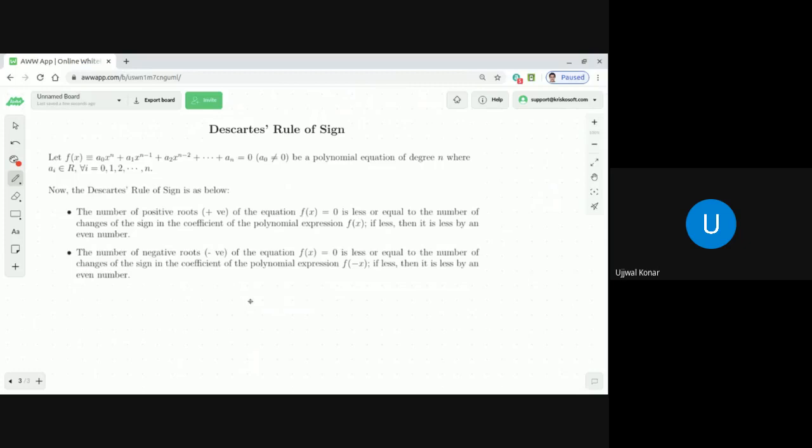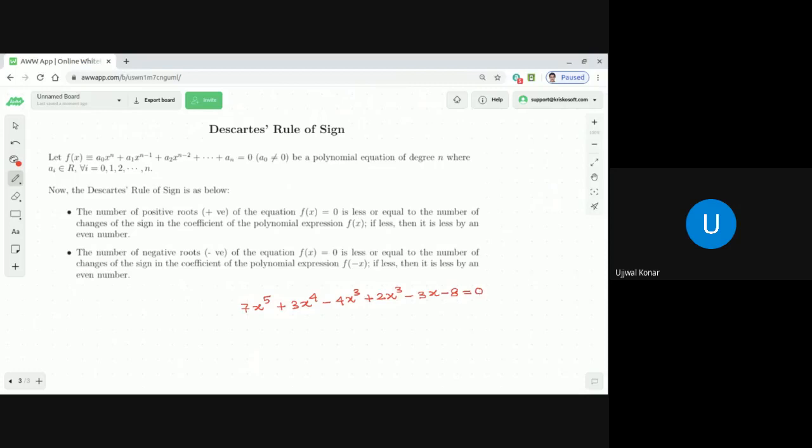Let us take an equation, suppose 7x^5 plus 3x^4 minus 4x^3 plus 2x^2 minus 3x minus 8 equal to 0.